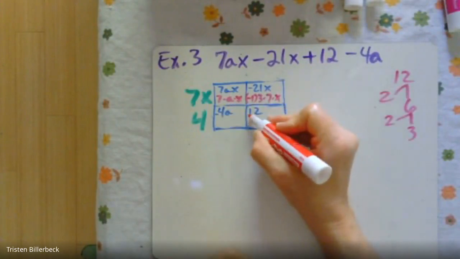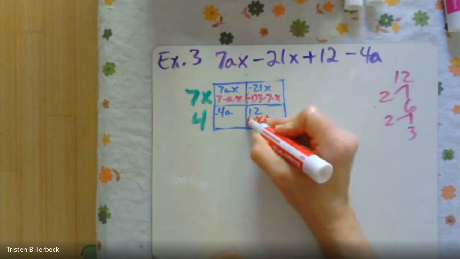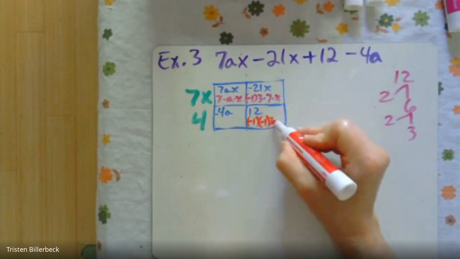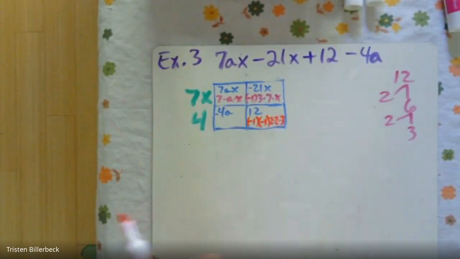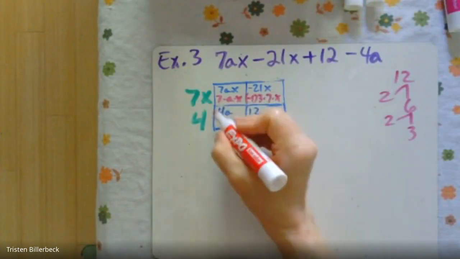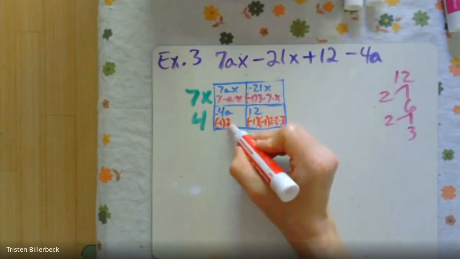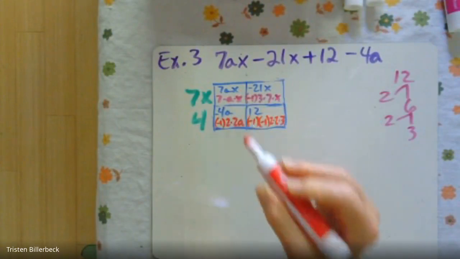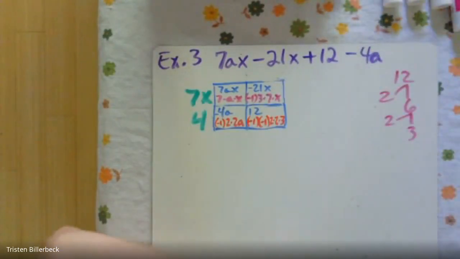So we have negative 1 times negative 1 times 2 times 2 times 3. And then in here we have negative 1 times 2 times 2 times a. Okay, so now let's see what we can do, if this helps at all with the situation.